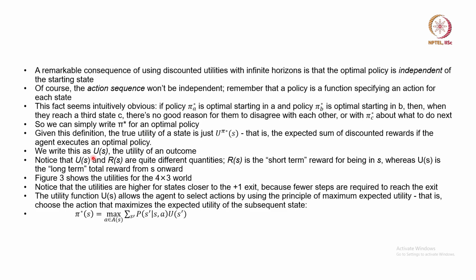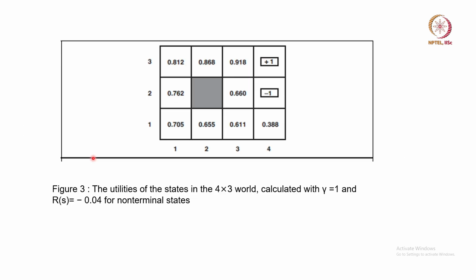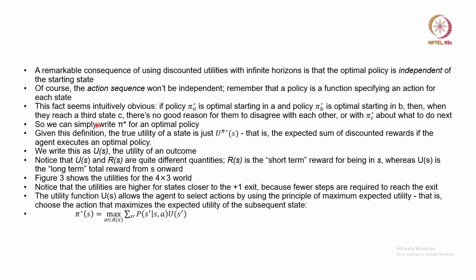These values are what is shown here. Once we find pi star, using that pi star we can find these utilities. These utilities will tell you what actions you need to take at the various points. Using these utilities, there are one or two algorithms you can use. The utility function U of S allows the agent to select actions by using the principle of maximum expected utility.